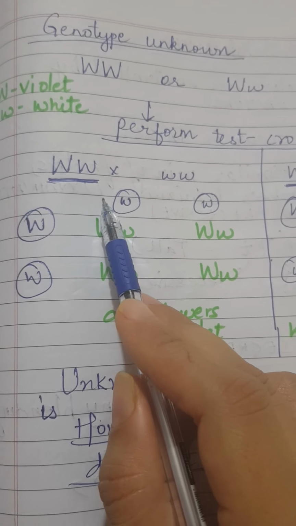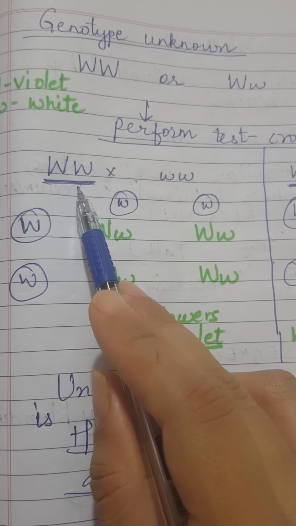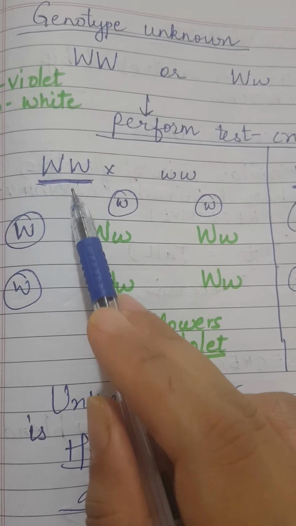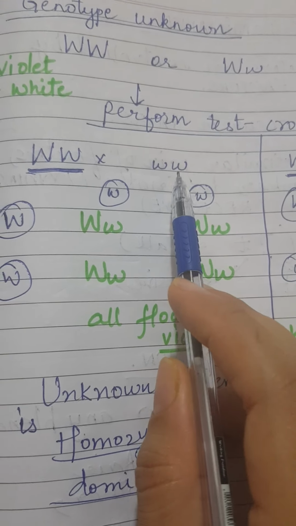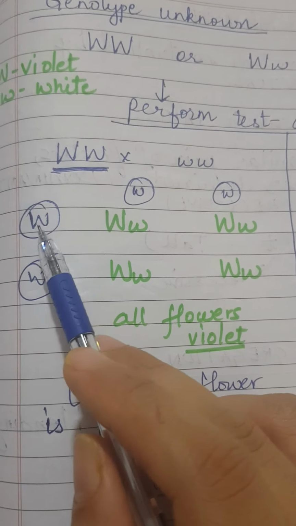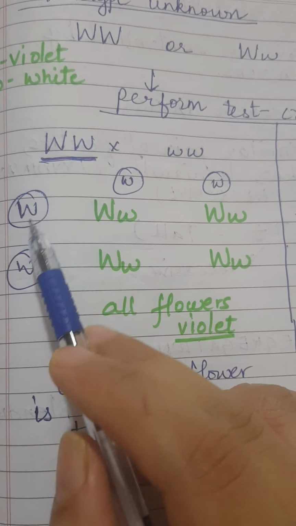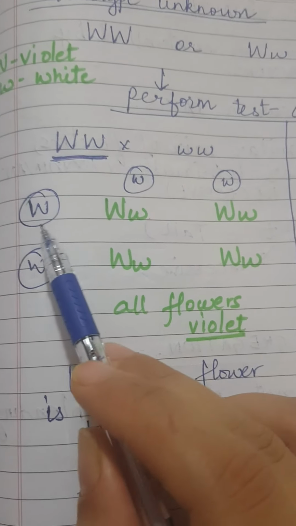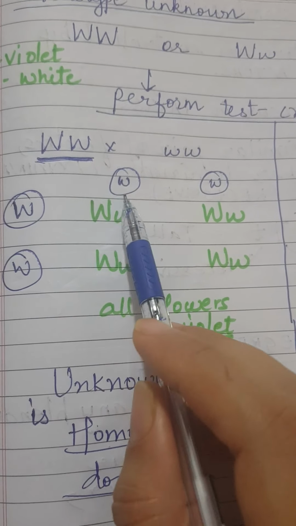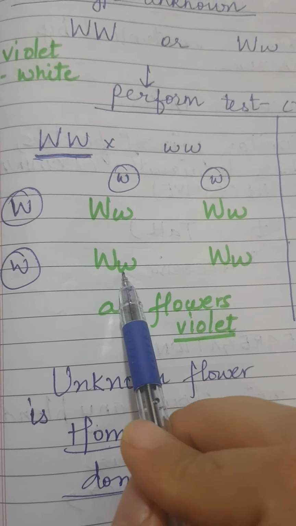In the first possibility, for example, it is a homozygous parent. Since it is a test cross, we cross it with the recessive parent, homozygous recessive. When we make the gametes, these are the gametes, and when we do the cross, these are the possible genotypes.